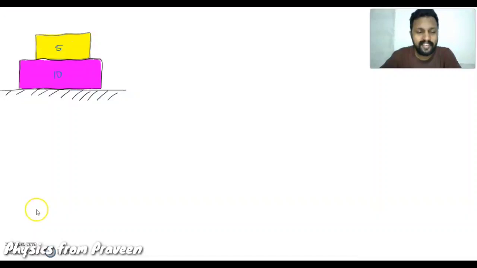Okay students, now let's have another situation. In this particular situation, we are changing the problem slightly. Now we are applying the force over the 5 kilogram mass, and all other situations are the same.